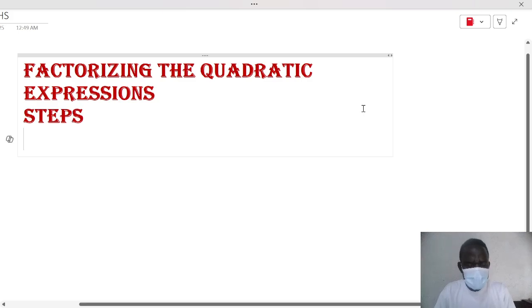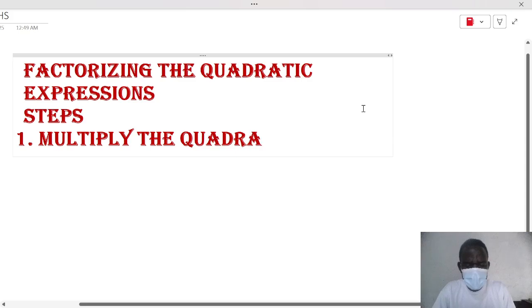For you to factorize the quadratic expressions, step number one is you multiply the quadratic part and the constant part.